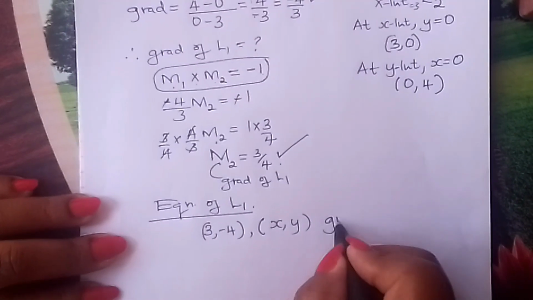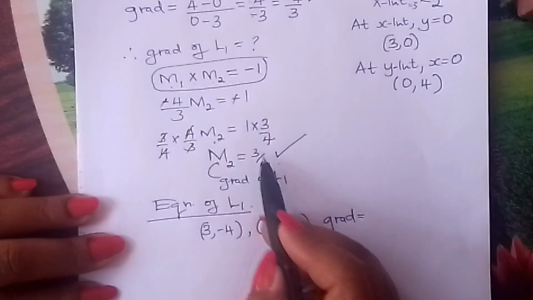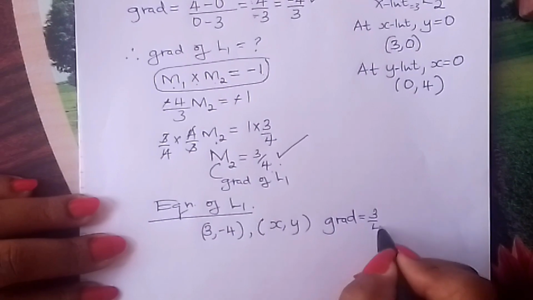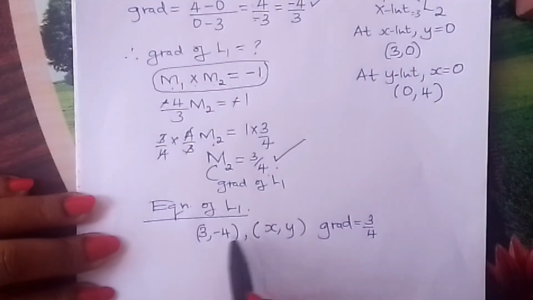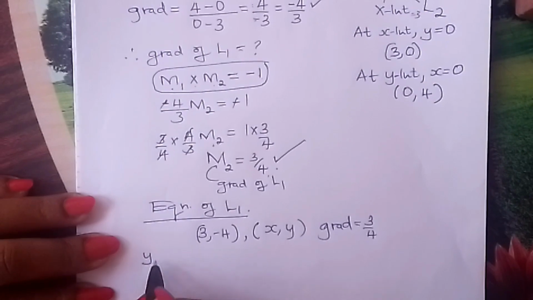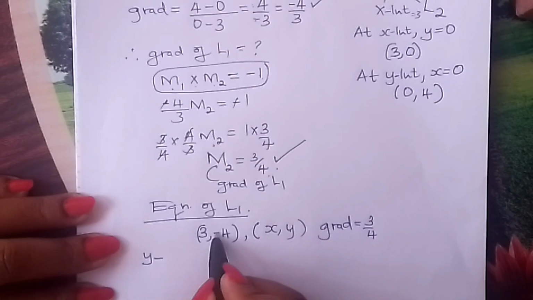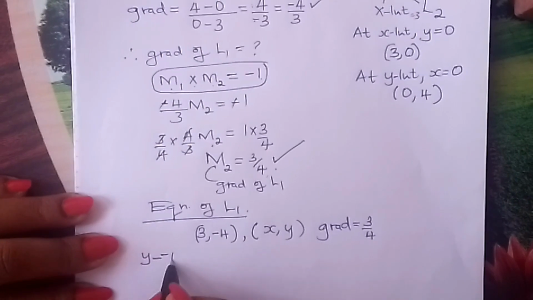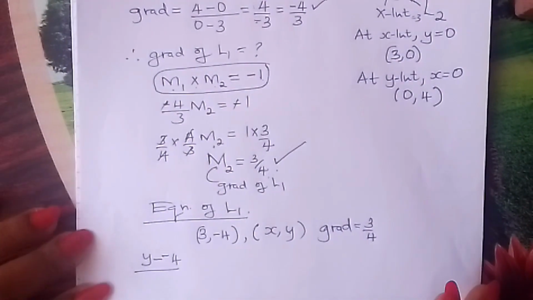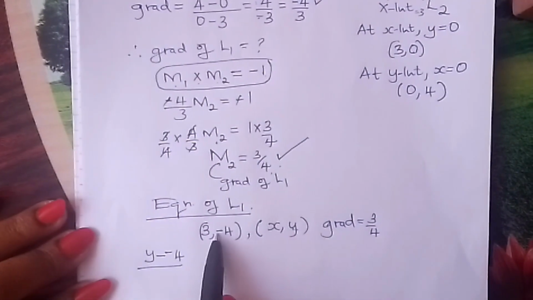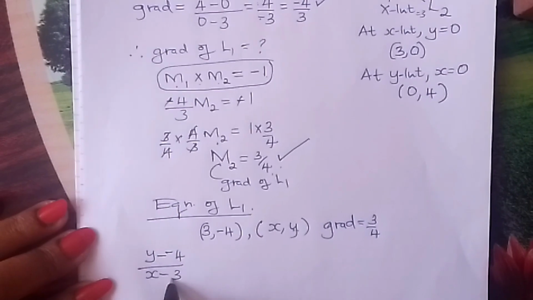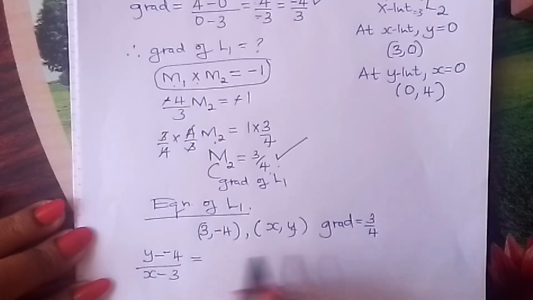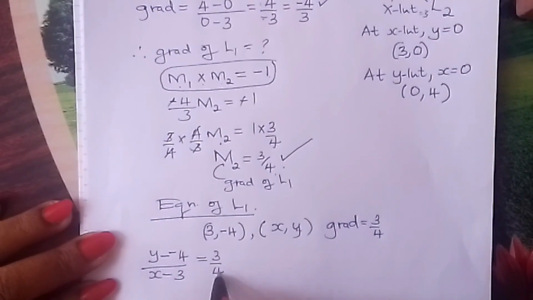And our gradient is 3/4. We have just calculated it, right? From there, you talk of change in y, so y minus -4 over x minus 3 is equal to your gradient. Be very careful there.